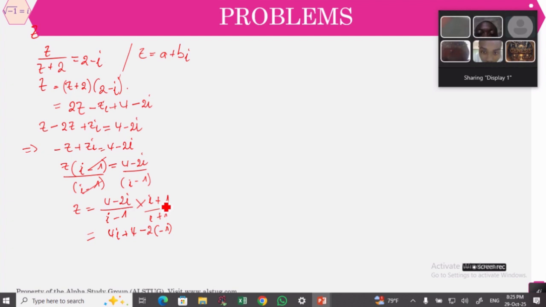Then negative 2i times 1 gives negative 2i. The denominator gives us the difference of two squares: i times i is i squared, which is negative 1, minus 1 times 1, so minus 1 squared.